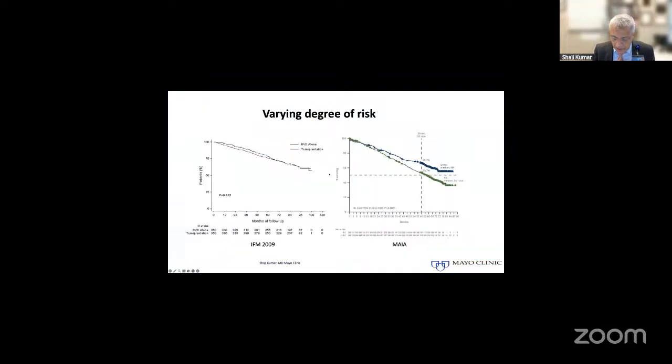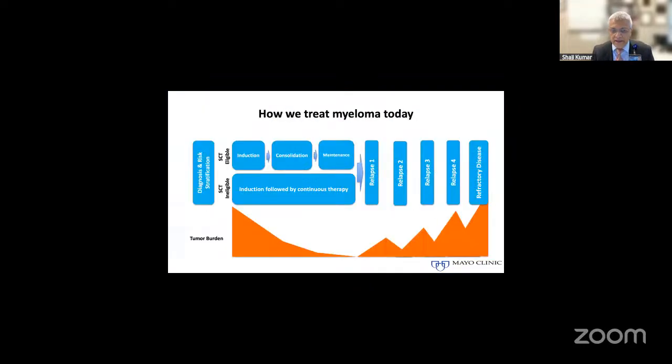How we treat myeloma obviously has evolved over time, but some of the fundamental concepts have remained the same. In patients with newly diagnosed disease, we give induction therapy, consolidation, and maintenance. The intensity of the therapy and the duration of maintenance often depend on the underlying disease risk characteristics and other host characteristics as well.